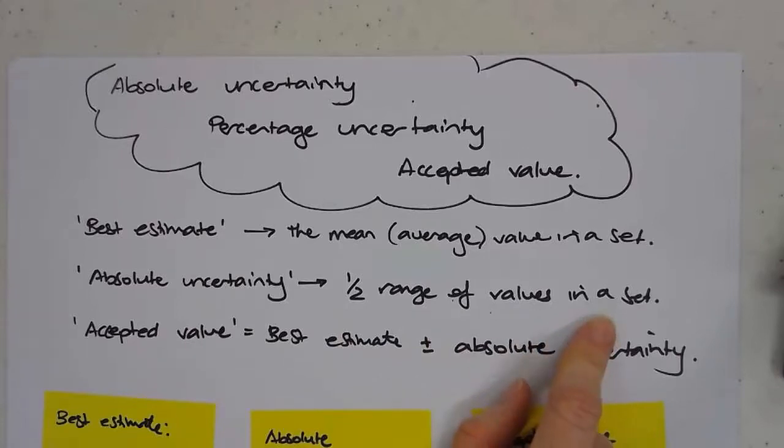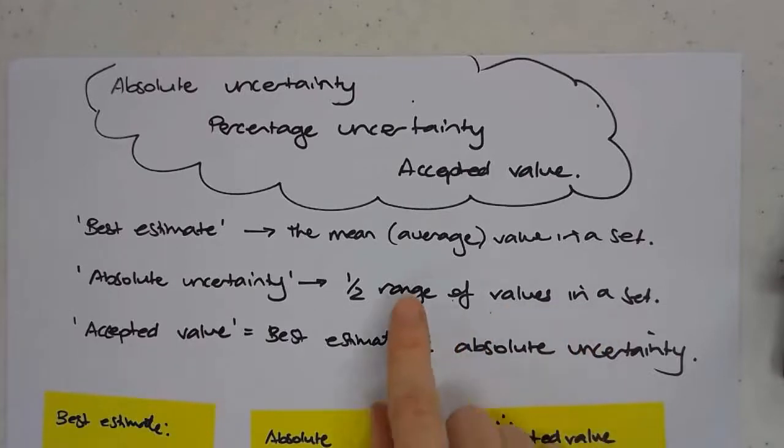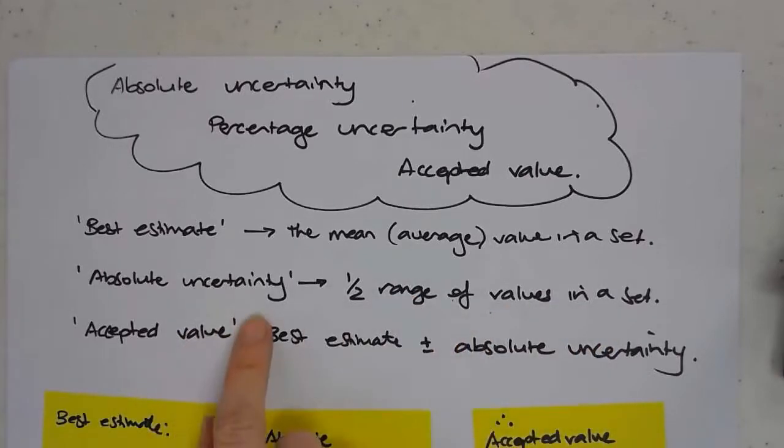If you had 5 different results, to find the range you would subtract the lowest value from the highest, and then for absolute uncertainty you would divide that result by 2, and it should be a relatively small figure compared to your other data.